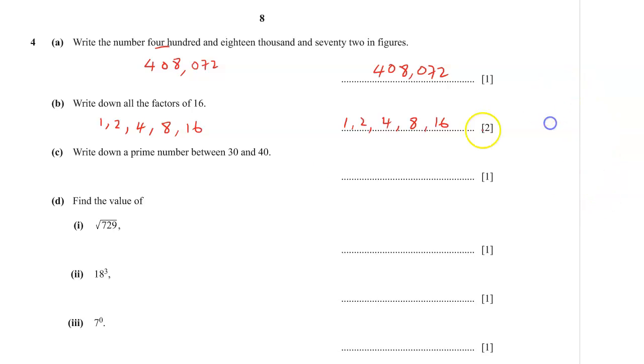Write down the prime numbers between 30 and 40. Prime numbers are numbers that are only divisible by 1 and itself.